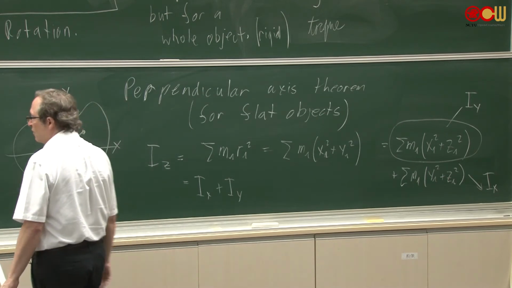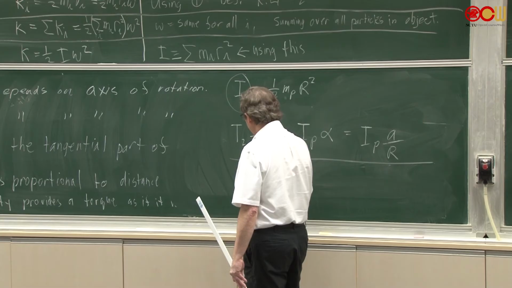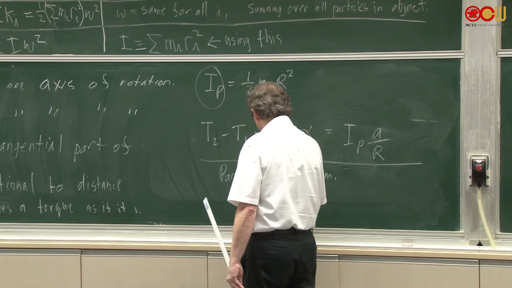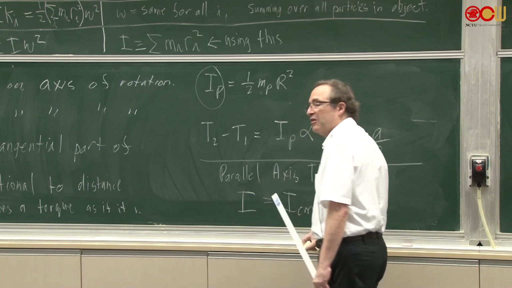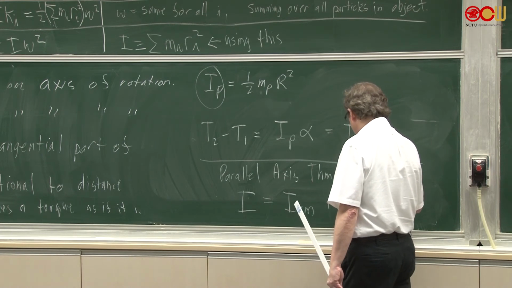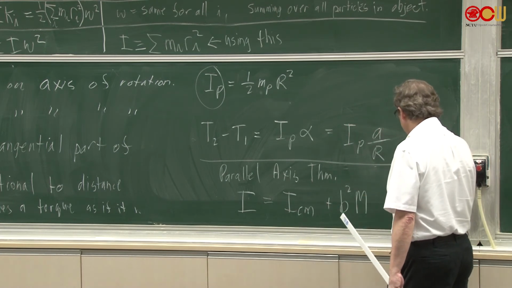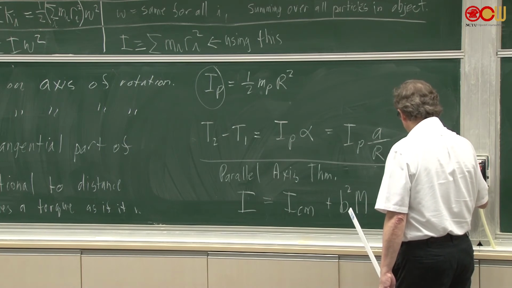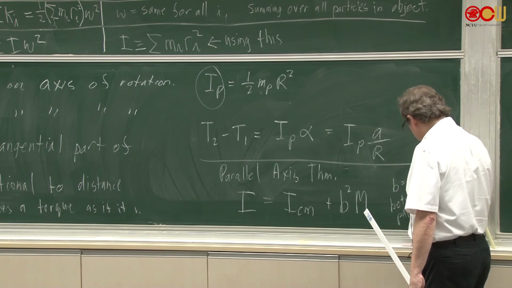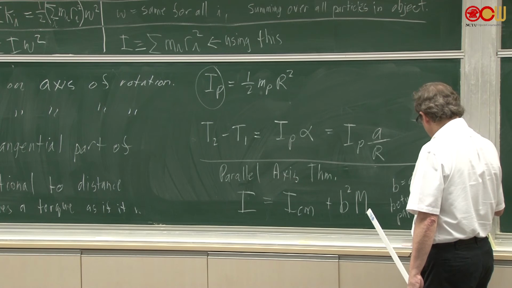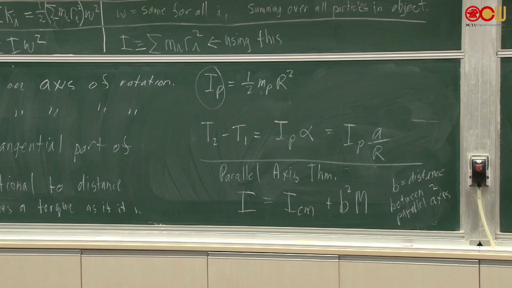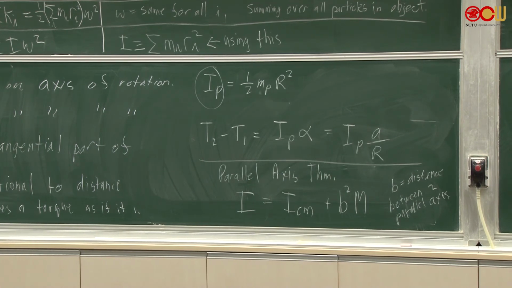I'll just write down the answer for the parallel axis theorem. Parallel. That says that the moment of inertia about any axis is equal to the moment of inertia about the center of mass plus b squared times m, and b equals the distance between two parallel axes. All right? So if you have an axis parallel to an axis through the center of mass, then you can use that.